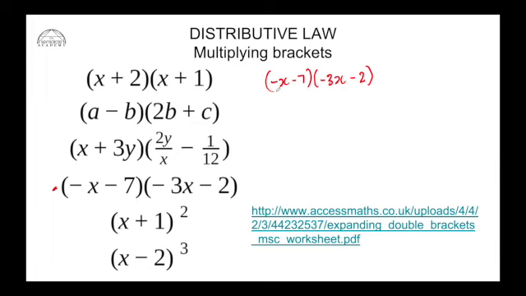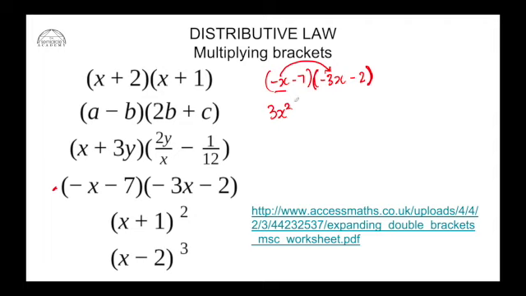Multiply the negative x by everything in this bracket here. So I'm taking the negative x times negative 3x. What is negative x multiplied by negative 3x? 3x squared. Very good. Positive 3x squared.